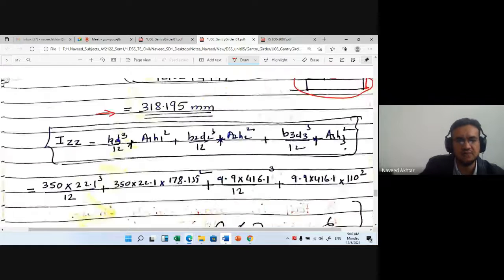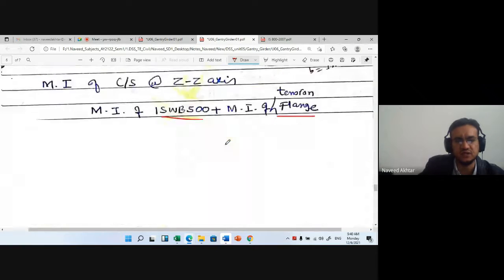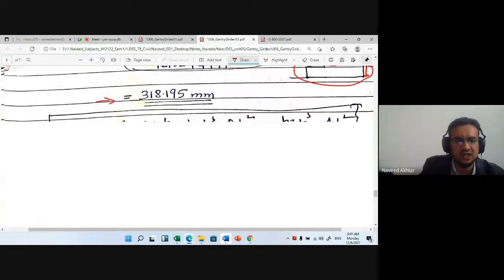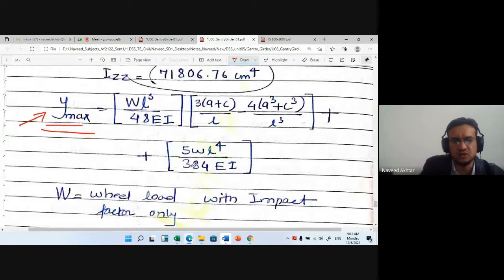This A, B, C value you can know. Okay, how you can know? At the center, so it is 1.5, 3, 1.5. So if you add, it will come to 6 meters. So you can find out the A, B, C value as per the position of the load, and then put all these values.